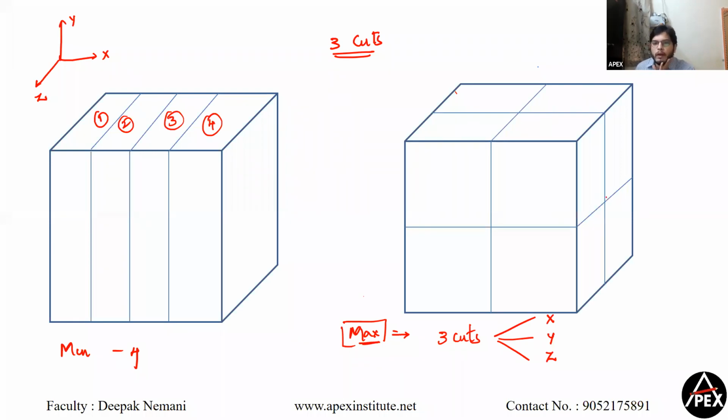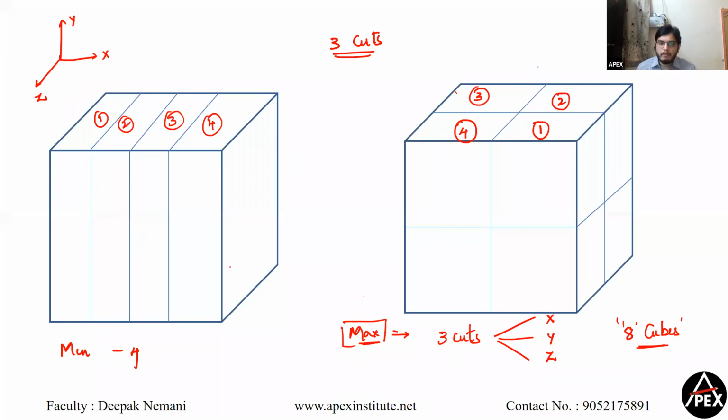Now how many identical cubes did we get? This is 1, 2, 3, and 4. So we have 4 cubes on the upper layer and 4 cubes on the lower layer. So you will have a total of 8 cubes. Clear? Are you able to visualize till here? Yes.